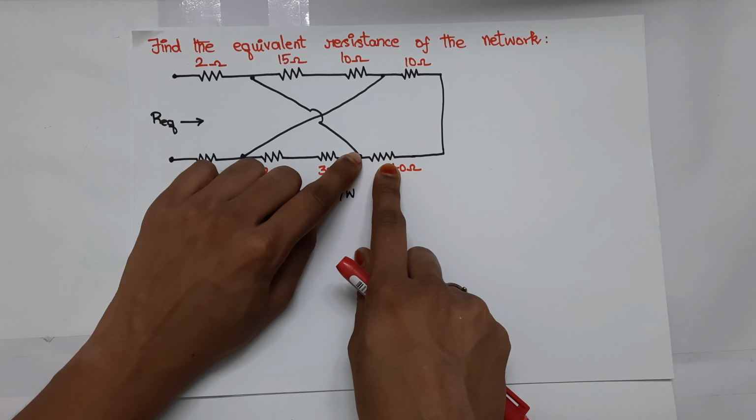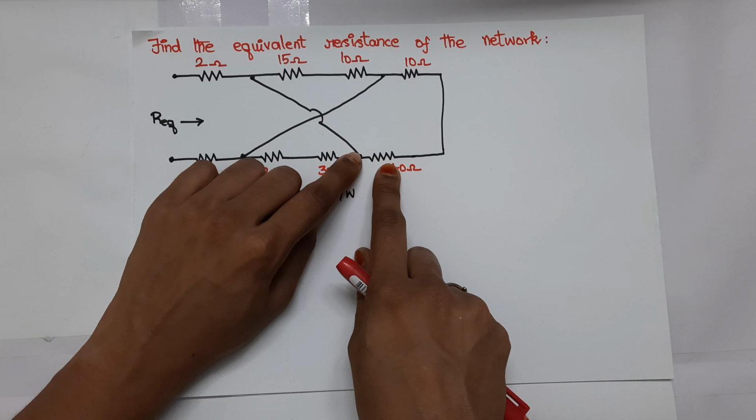I am imagining that current is entering into 2 ohm, then splitting across 15 plus 10 and then these two resistors. So basically these two terminals have the same potential and these two terminals have the same potential.